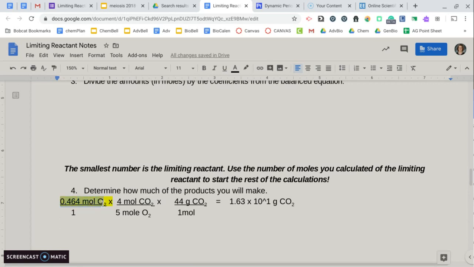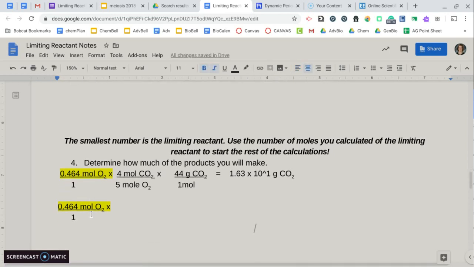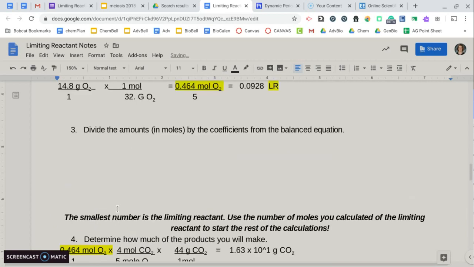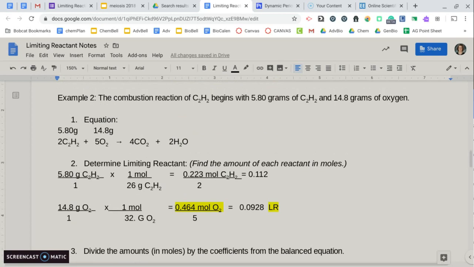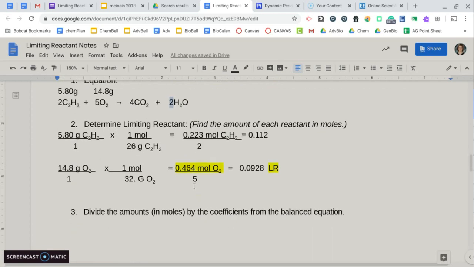This one I've got 2 products, so I'm going to start with this again. The first part of it's going to be the same, over 1. Oops, I'm going to put the 5 moles on the bottom since I'm still trying to get that to cancel. But now I'm going to go to my other product, which is water, and it's going to be 2 moles up on top.